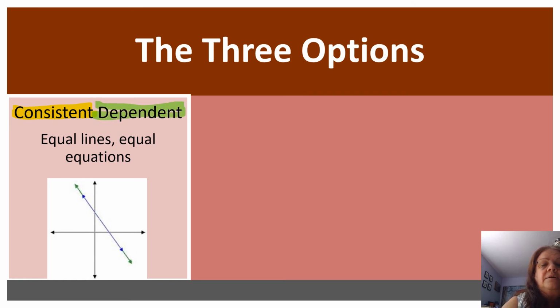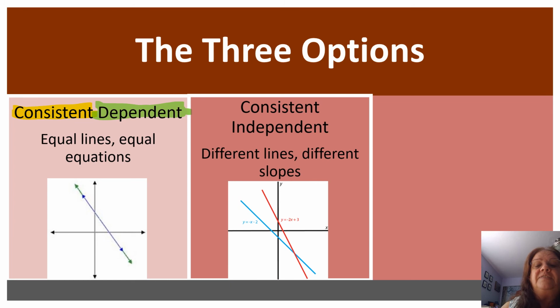Dependent means infinite solutions, because any point on that line would be a solution to both equations. We have consistent and independent. Consistent means there is a solution. Independent means it is one solution for lines.